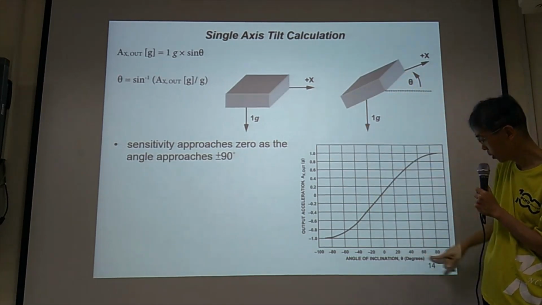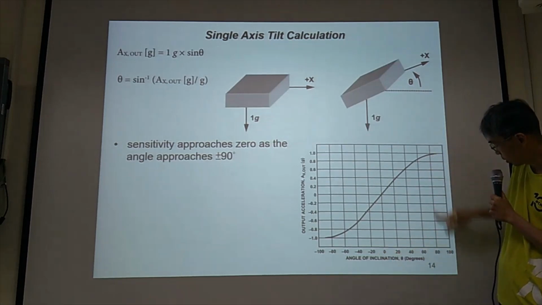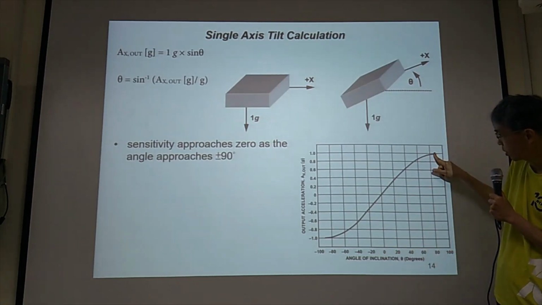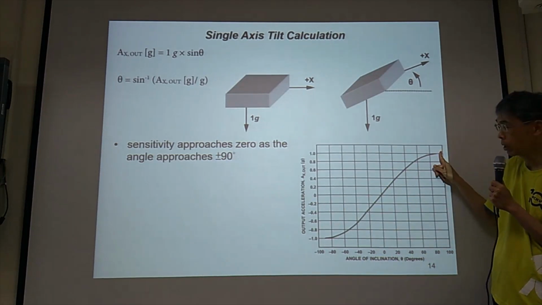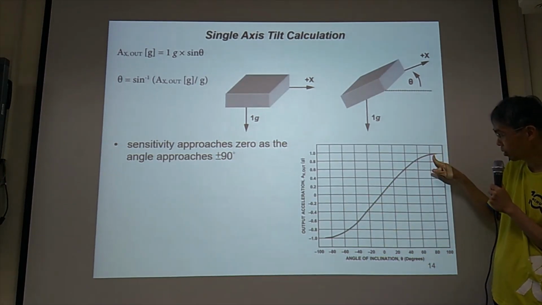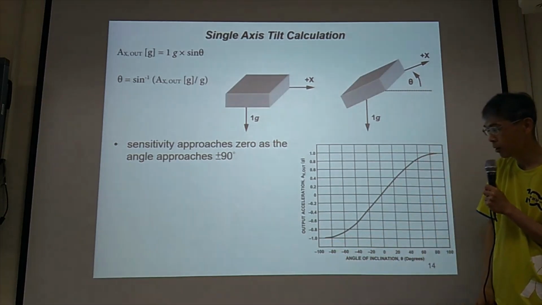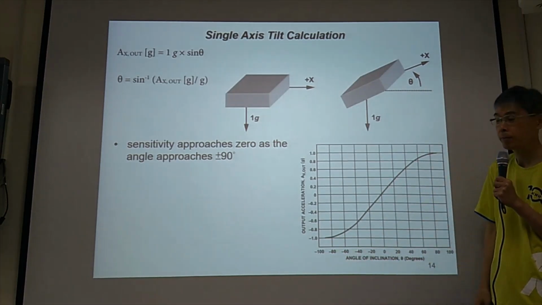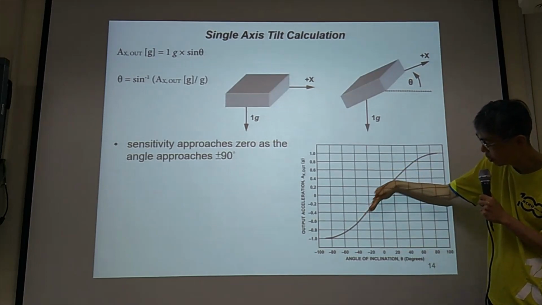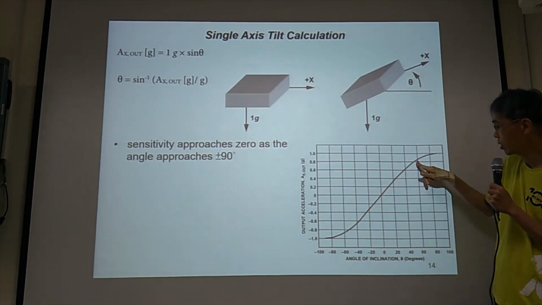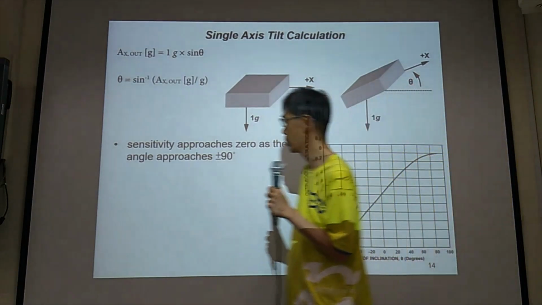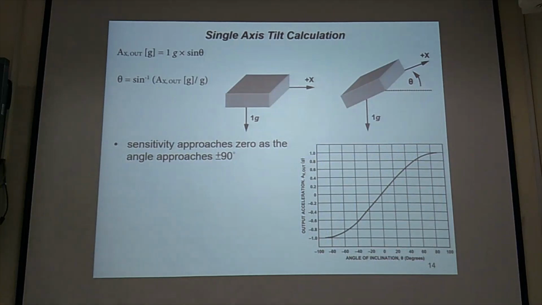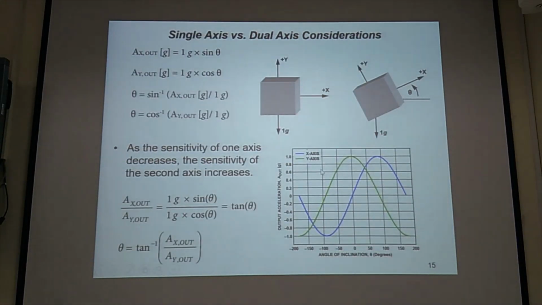But when the angle is nearly 90 degrees, look at the sensitivity, which is output versus angle. Near 90 degrees and minus 90 degrees, the sensitivity drops. We prefer linear sensitivity, but this is nonlinear.